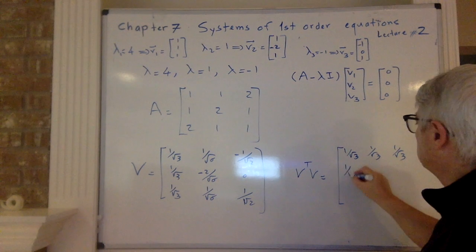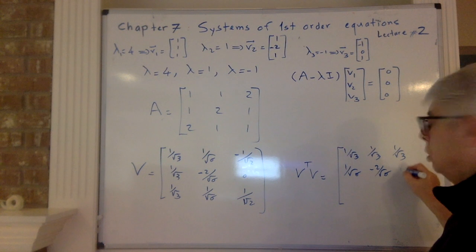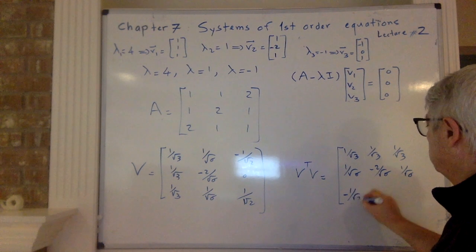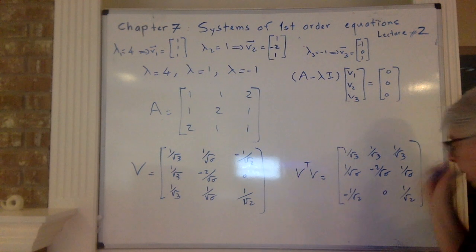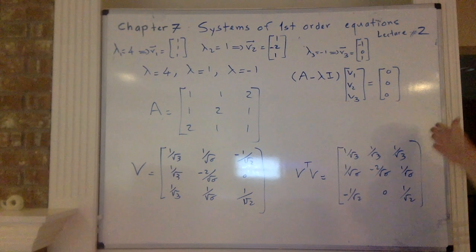Then 1 over square root of 6, and 1 over square root of 6. And this one is minus 1 over square root of 2, 0, 1 over square root of 2. And the other one is like that one.